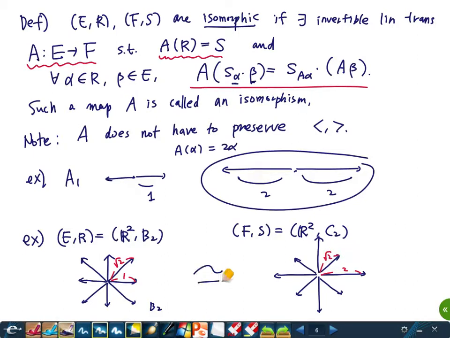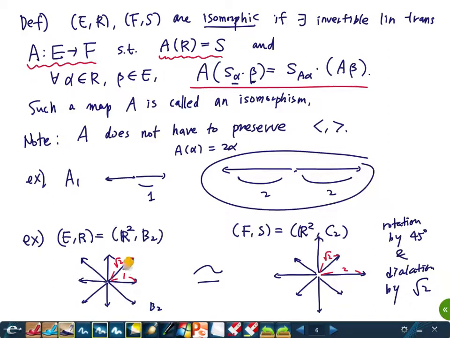What is an isomorphism? A rotation by an angle of 45 degrees and a dilation by a factor of square root of 2.